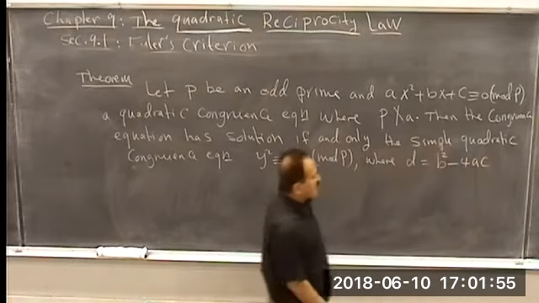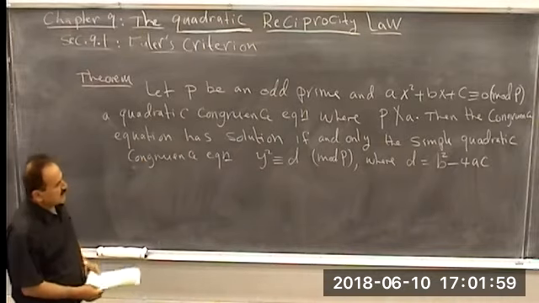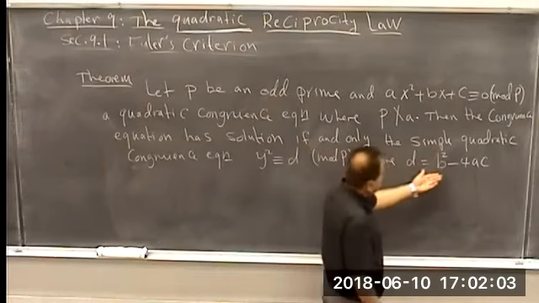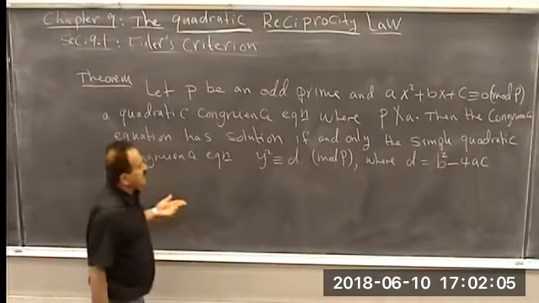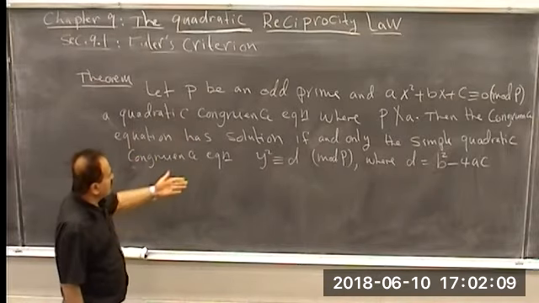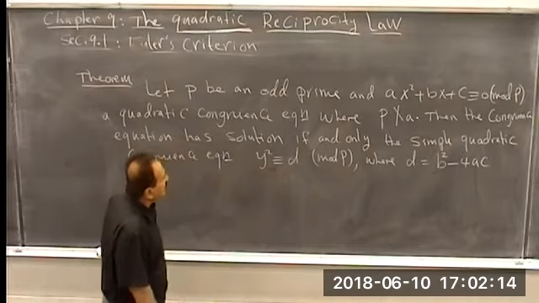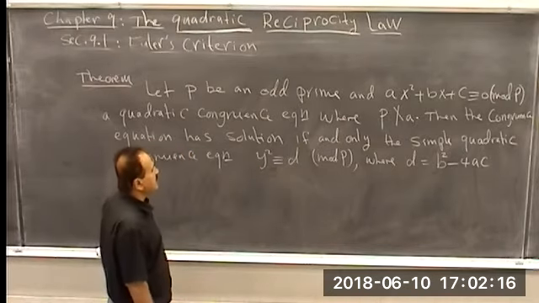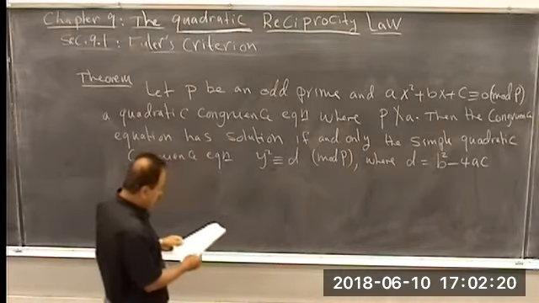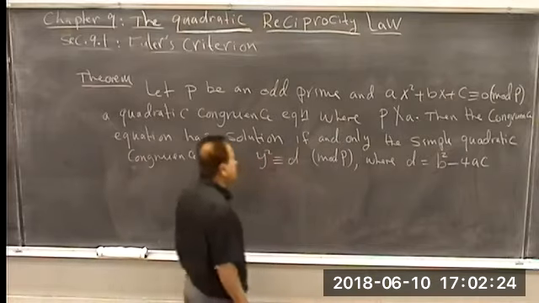I guess you are familiar with this quantity from the quadratic equation with real number coefficients, called the discriminant of the equation. So we are saying that the original equation is going to have a solution if and only if this simpler quadratic congruence equation, y squared congruent to d, has a solution.